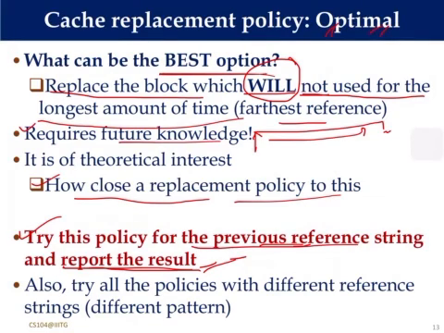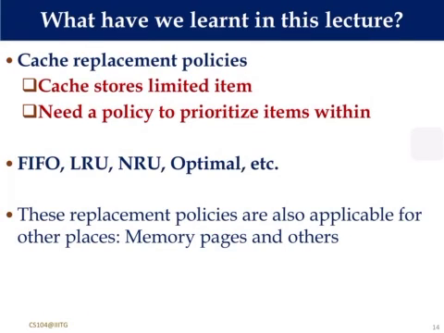And you can also try all the policies with some different reference string, right? You assume something from your side and see whether the performance of the policy changes with the reference string or not, so as to give you a feel about different types of applications or different reference strings, right? So with this we have come to the end of today's lecture.